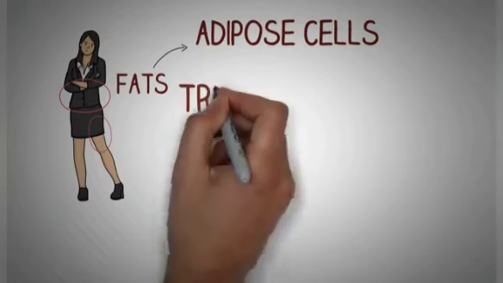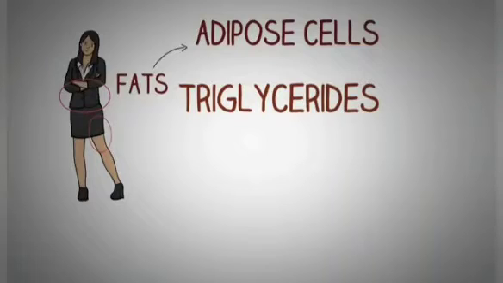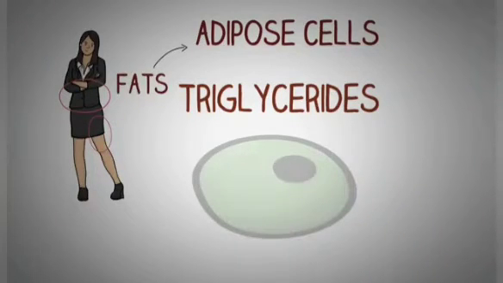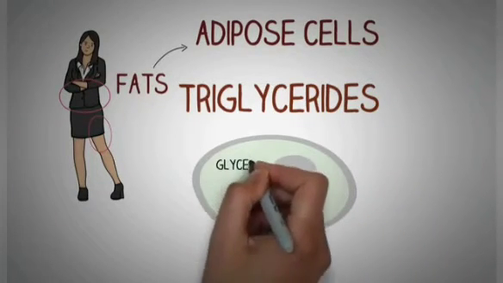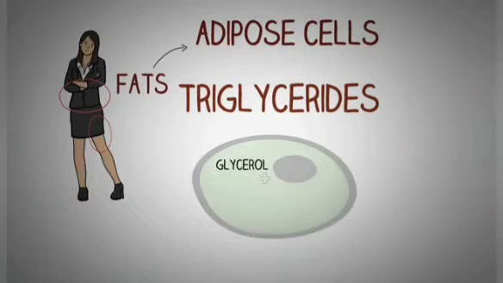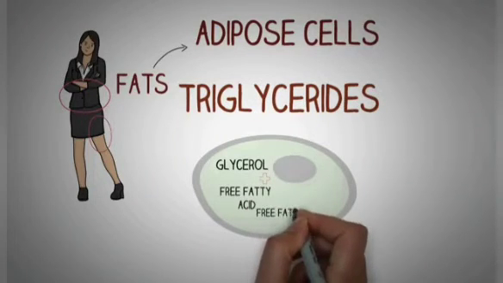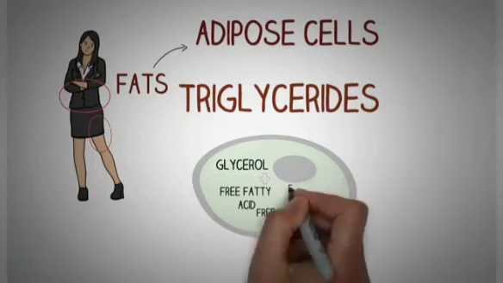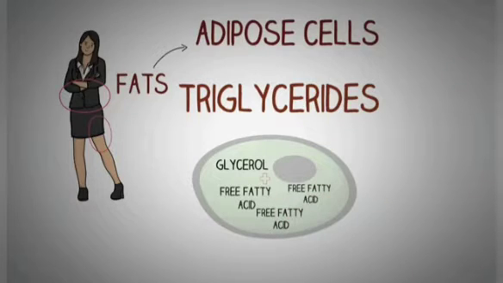The adipose cells contain triglycerides which have glycerol in combination with 3 free fatty acids. The combination of glycerol with free fatty acids is important because glycerol has a large molecular mass which prevents the escape of free fatty acids from adipose cells.